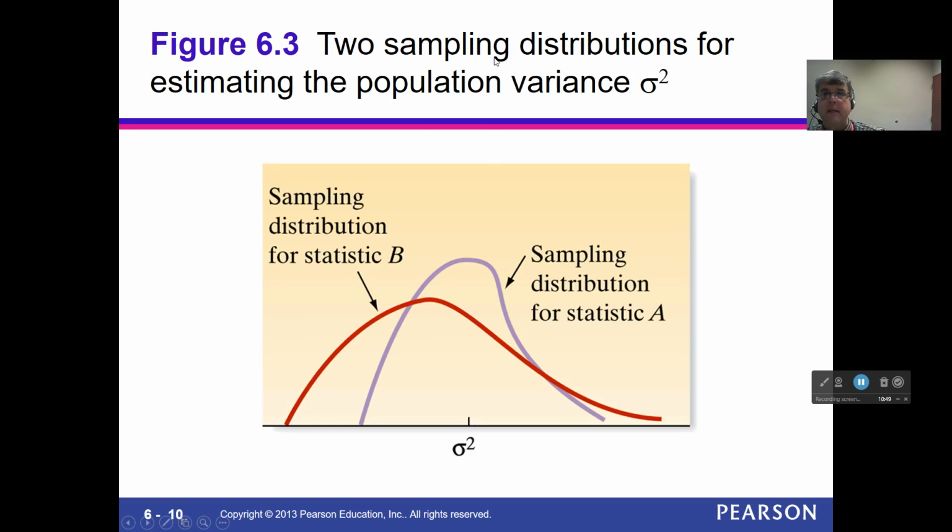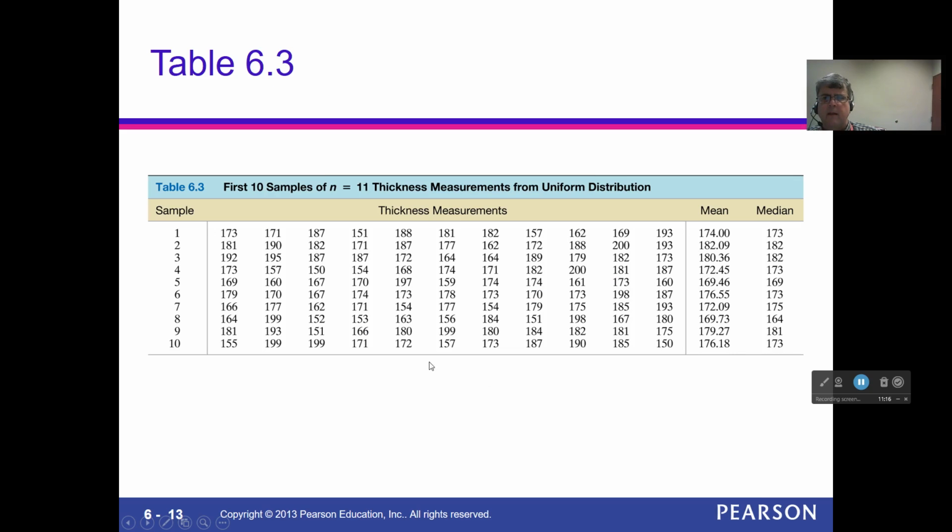Now, two sampling distributions for estimating the population. Here we have a sampling distribution for statistic B and statistic A, okay? And you can see here that the variances for these two have different values in that sampling distribution, okay?